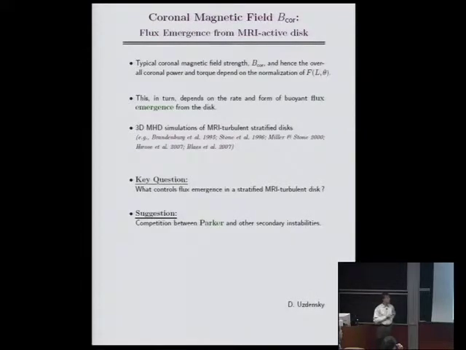And then the key question is what is the rate of this flux emergence, and in what form does it take place? What kind of magnetic structures are arising?